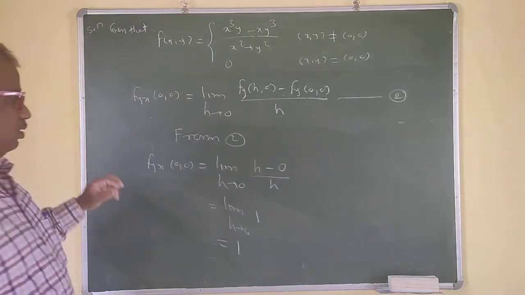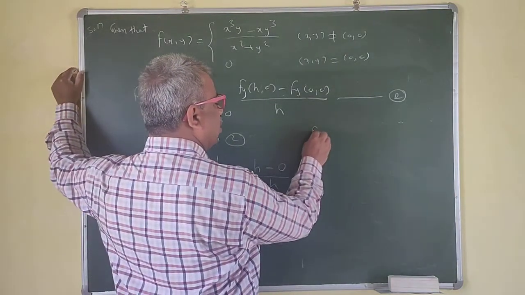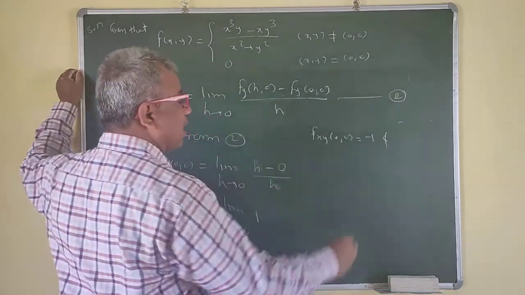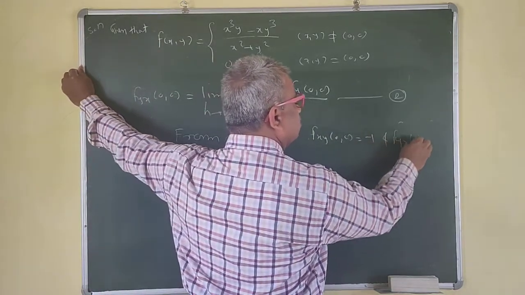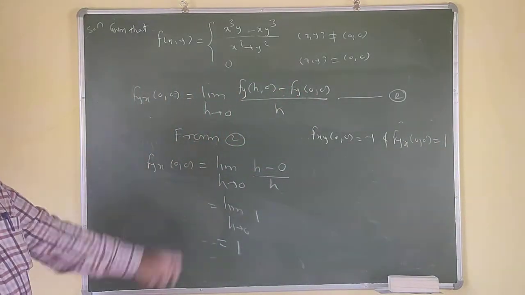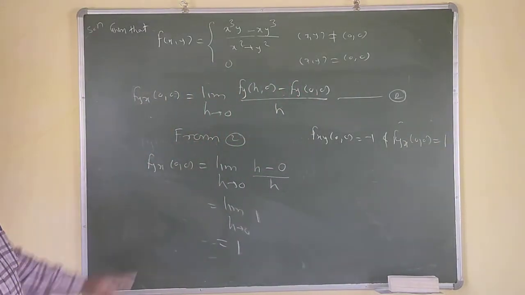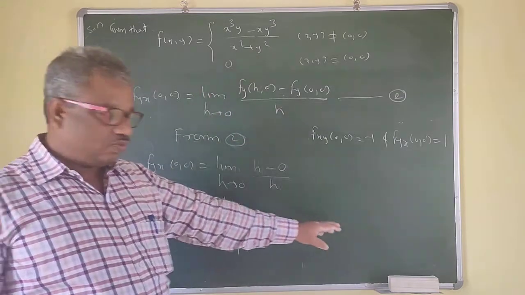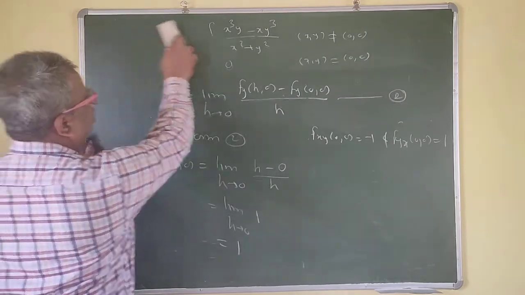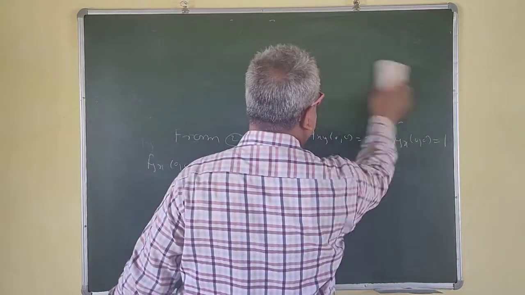So therefore fxy(0,0) is equal to minus 1 and fyx(0,0) is equal to 1, right? So we have proved this one. That means we are true. So remember this formula. You should remember this formula. Then you can solve any problem on this fxy, fyx.